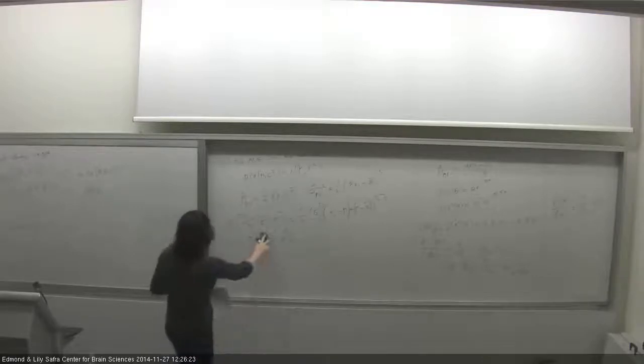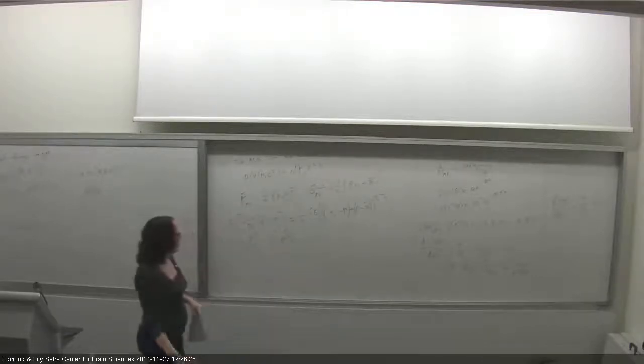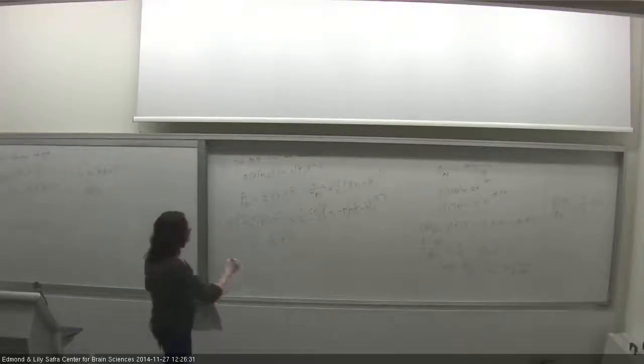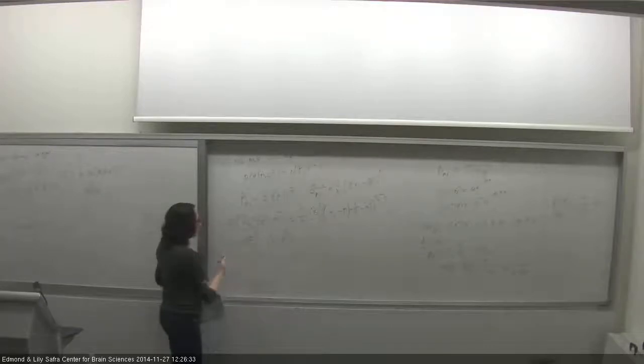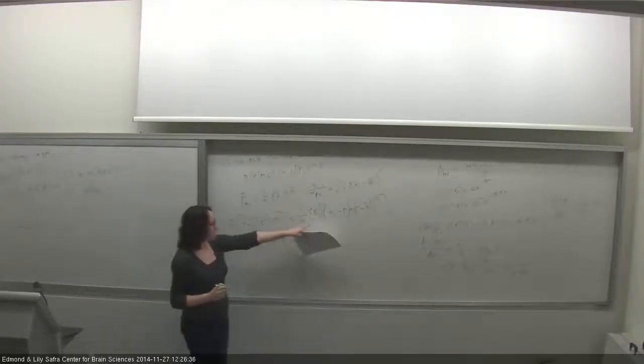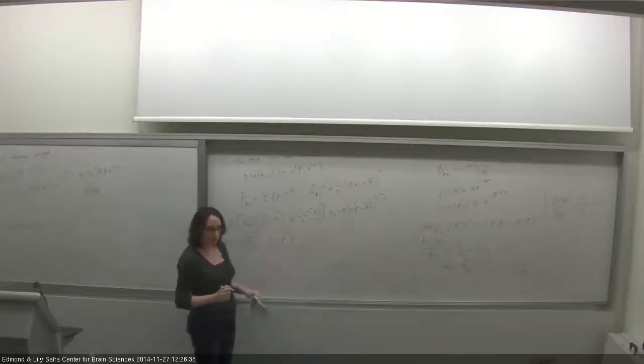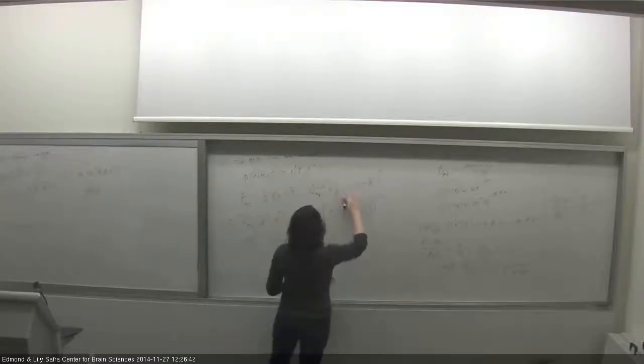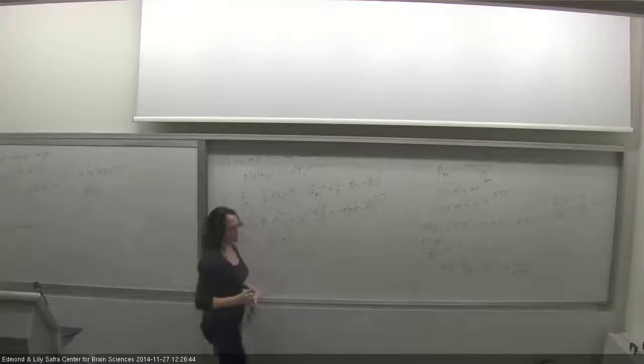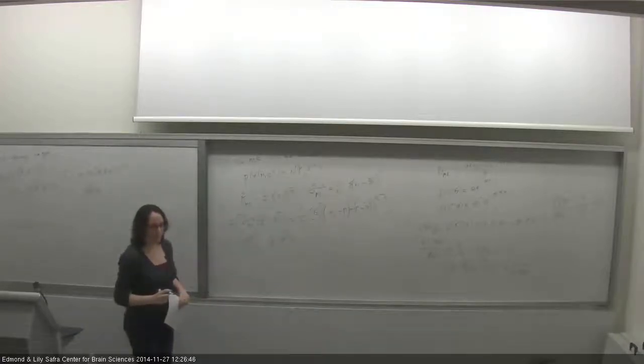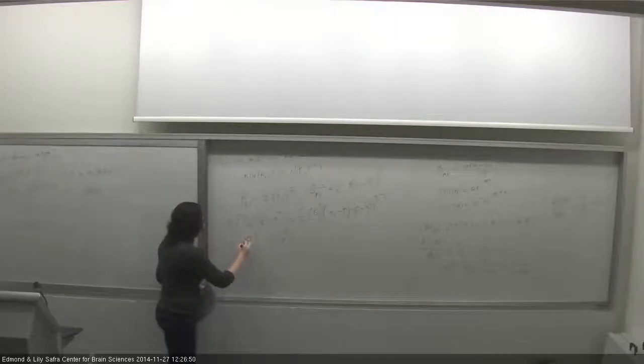I think the 1 over n should be inside the parentheses, near the sum. The sum should be outside of the expectation. Absolutely right. So I confused you, but we'll manage.